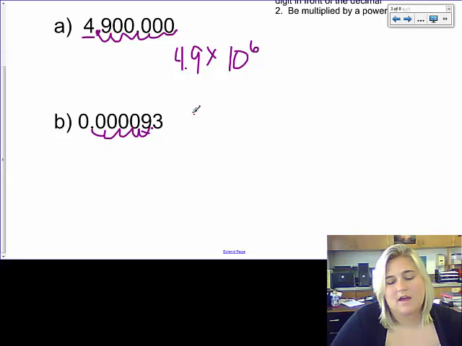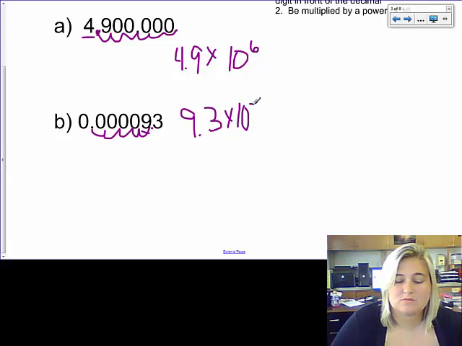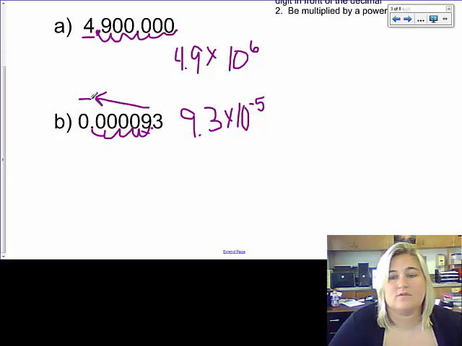So I would have 9.3 times 10, and I had to move it 5 times, which is going to be a negative 5, because to get back to the original I have to move to the left, which is the negative direction.